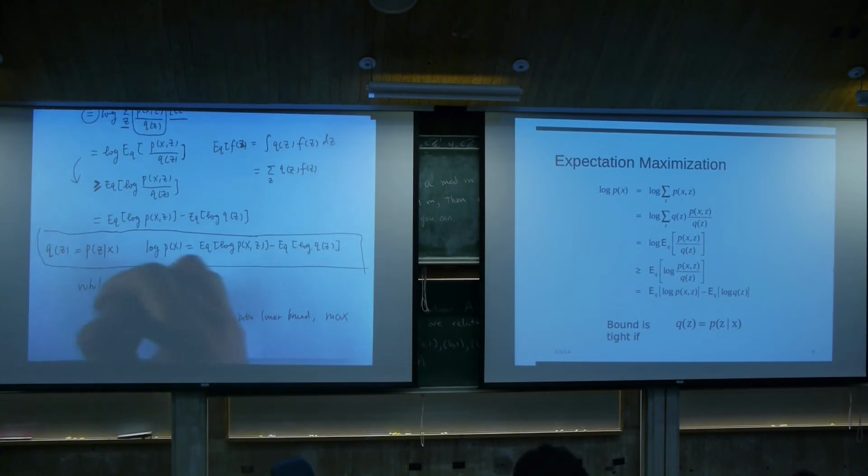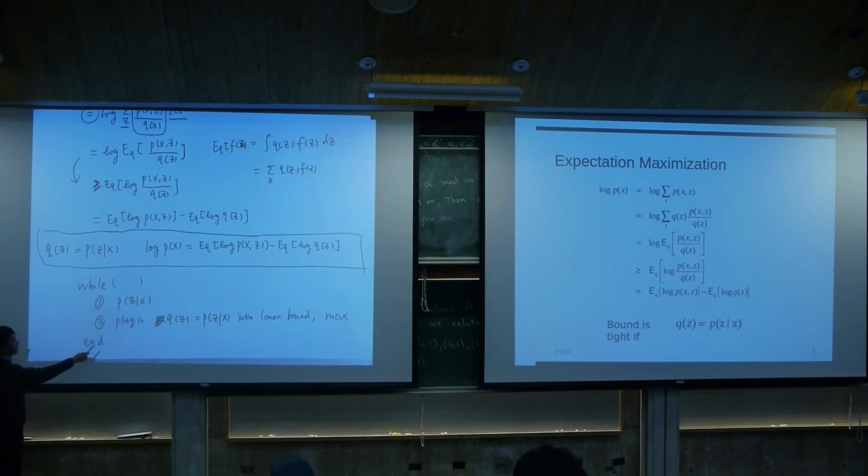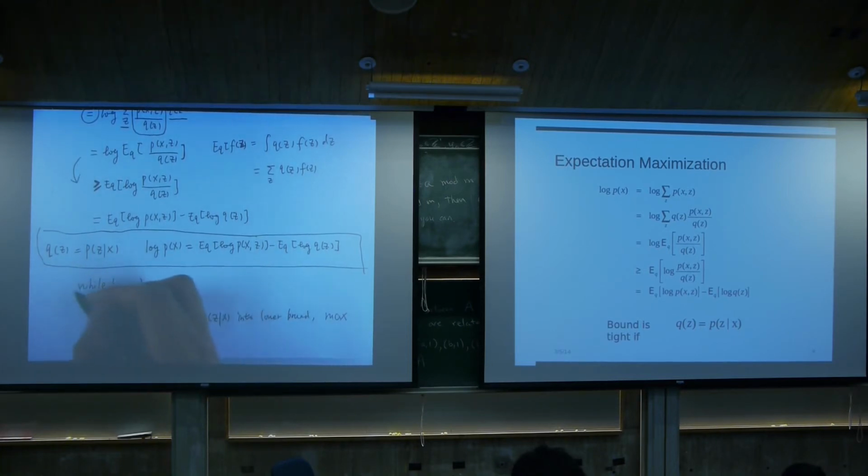So we iterate between these two steps. Why do we need to iterate here? Because when you are estimating P(Z given X), you need the value of the global parameters. And to do the second step, you need an estimation of P(Z given X). So the first step is called expectation, and the second step is called maximization.